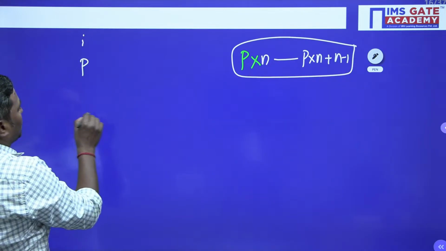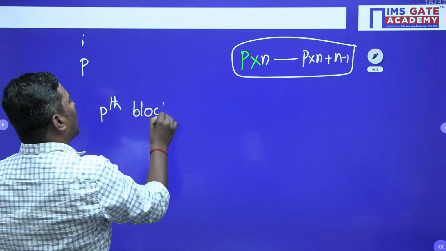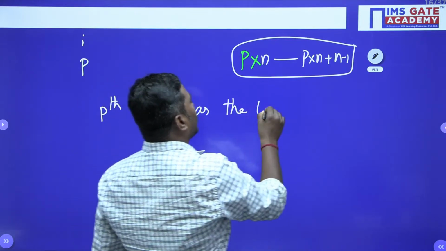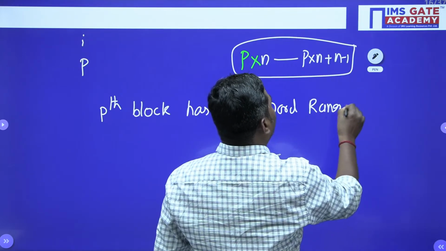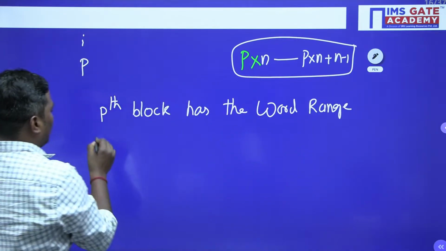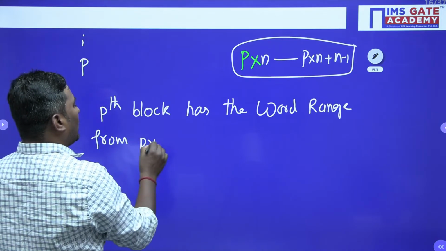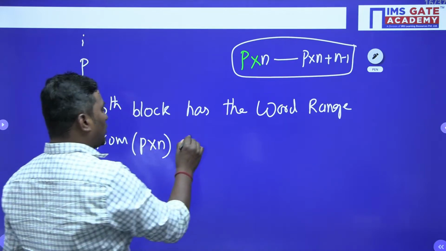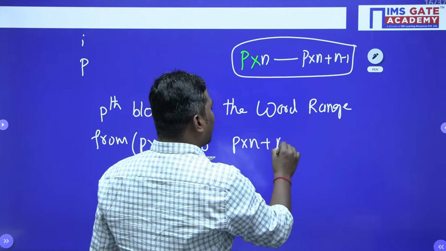So now I am writing the generalization. The Pth block has the word range from P into N to P into N plus N minus 1.